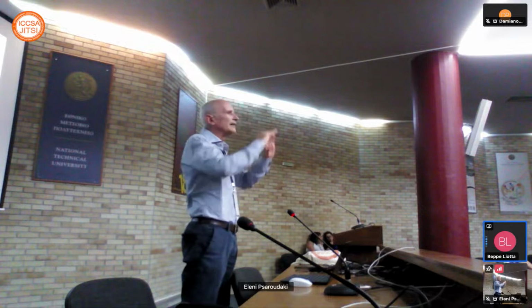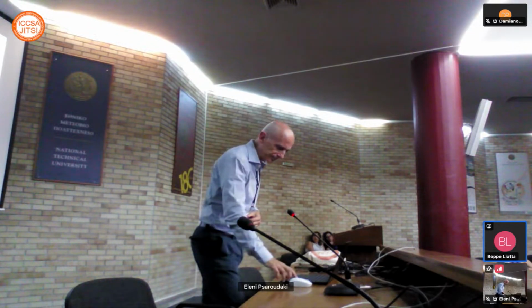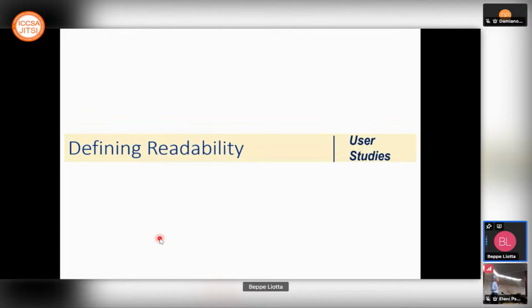There is a whole literature about this. I'd be happy to discuss some more, but I would like to conclude with this last part: how to define the aesthetics, what the approaches to define the aesthetics in this area are, the user studies a little bit, and then some future research directions.